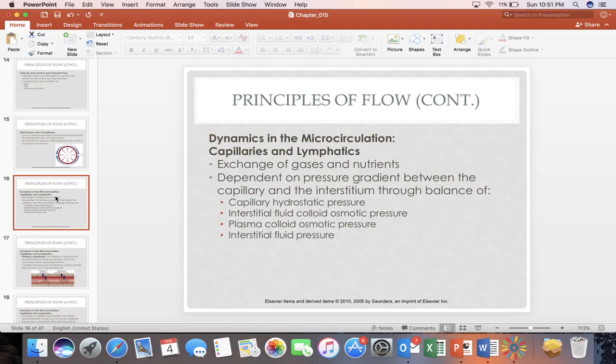Dynamics in microcirculation, capillary, and lymphatics. Exchange of gas and nutrients occurs within these capillaries. It is dependent on the pressure gradient between the capillary and the interstitium through the balance of the four Starling's forces, which are the capillary hydrostatic pressure, the interstitial fluid colloid osmotic pressure, plasma colloid osmotic pressure, and the interstitial fluid pressure.